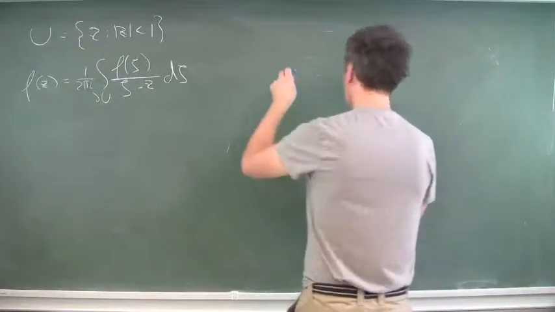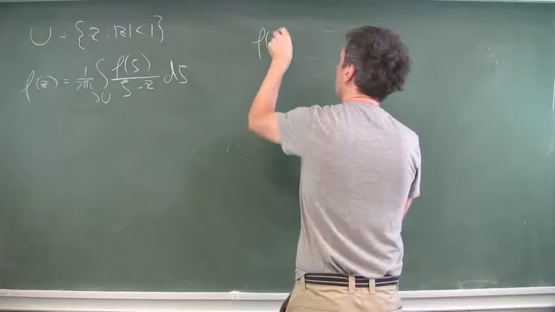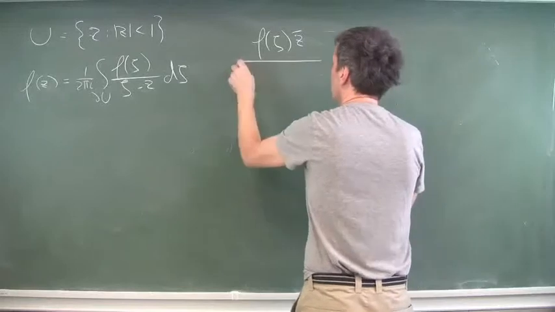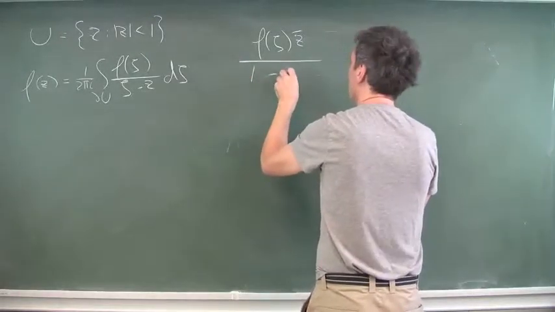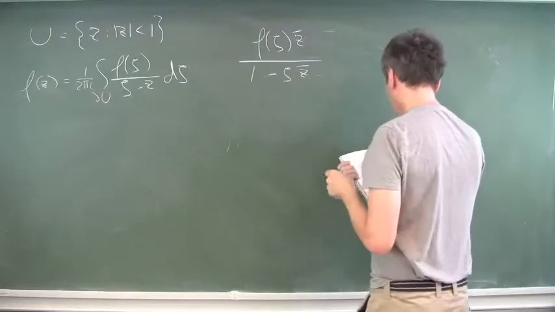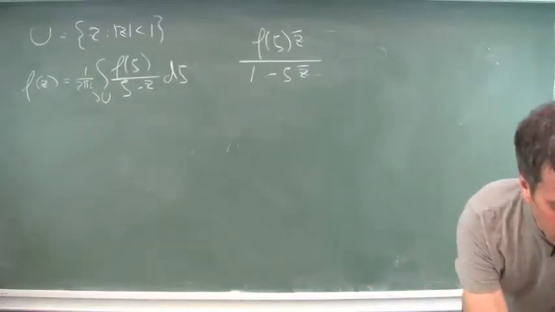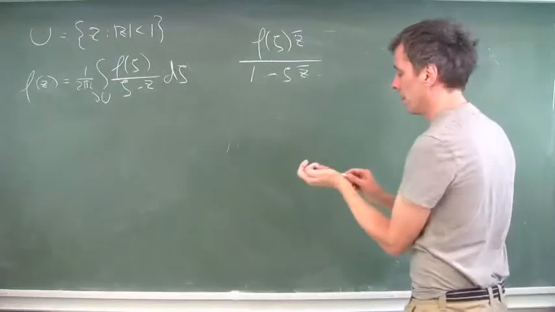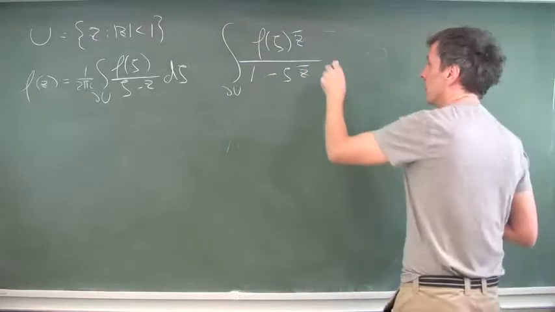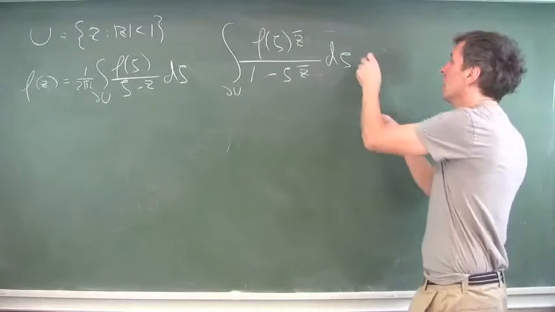And the first observation we make is that if you consider the function f of zeta times z conjugate divided by 1 minus zeta times z conjugate, then this function is certainly an analytic function of zeta, which then means that if you integrate it along the boundary of the unit disk, this integral will be 0.